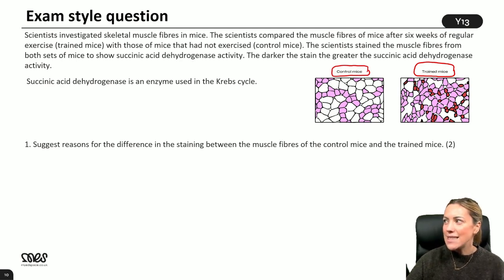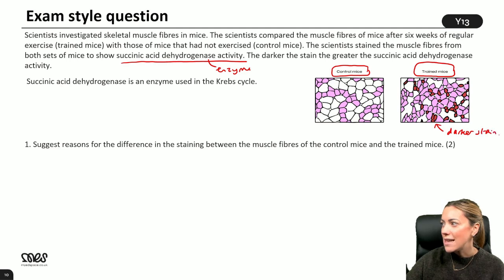The scientists stained the muscle fibers from both sets of mice to show succinic acid dehydrogenase, it's obviously an enzyme, activity. The darker the stain, the greater the activity. Now I can see the trained mice have more darker stain. This enzyme is used in the Krebs cycle.